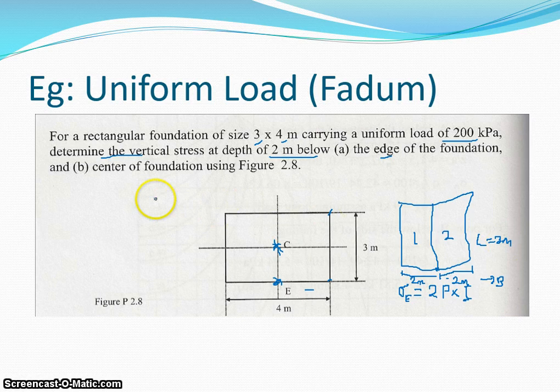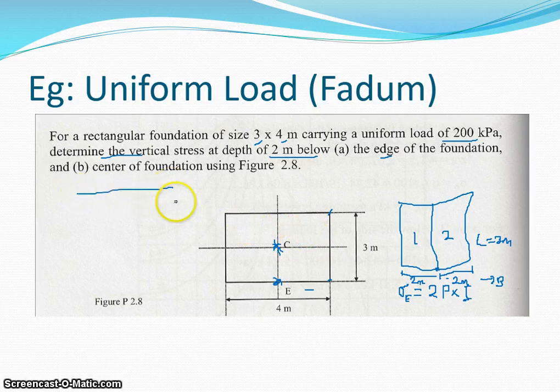Similarly, for C, the center of the foundation, as the center of the foundation is in the middle of the rectangular, we need to split it into 4 different parts.